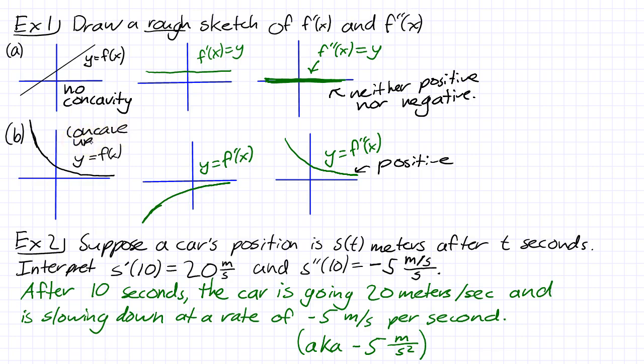Okay, and for example 2, s prime of 10 is equal to 20 meters per second. Hopefully you said that means after 10 seconds the car is going 20 meters per second. But the weird thing is, what does s double prime of 10 mean? Well, this gives you the rate of change of s prime.